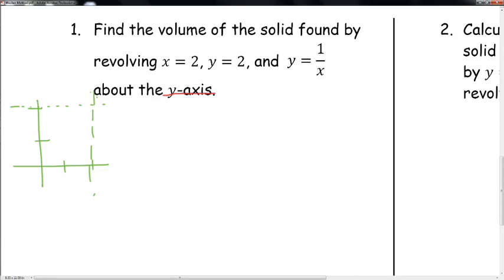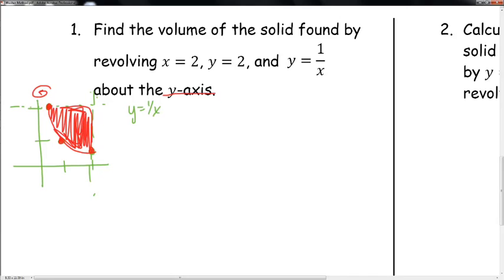Alright, and so we're talking about y equals 1 over x. So when x is 1, y is also 1. When x is 2, y is a half. When x is a half, y is 2. So maybe I should color it in red so you see it better. We're talking about this region right here.